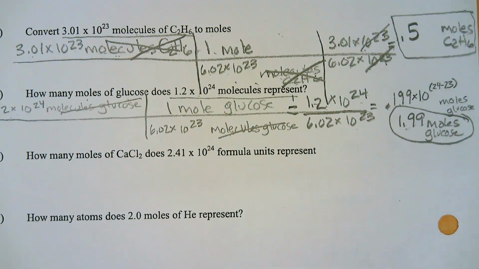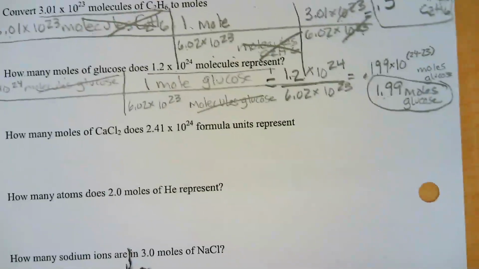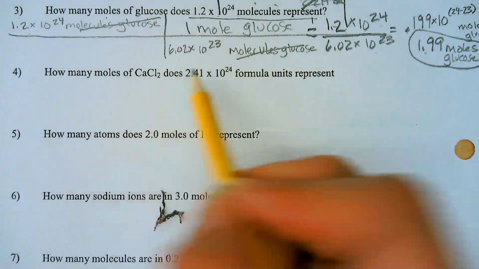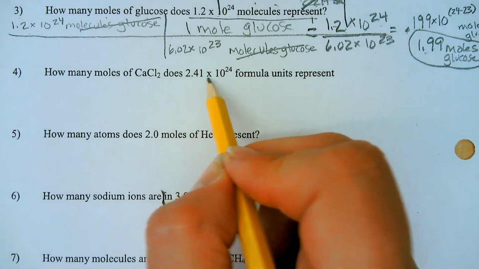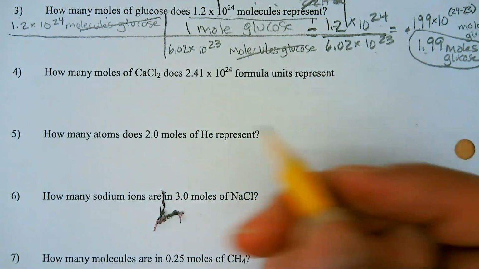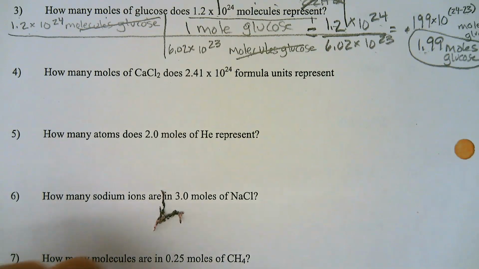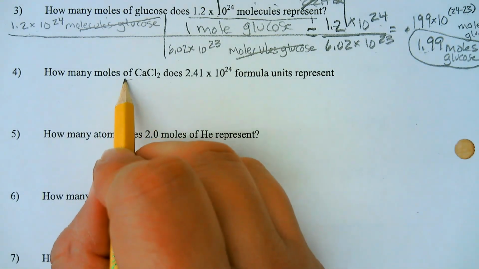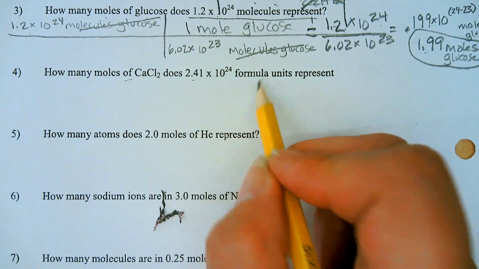Whoop. All right, next question. How many moles of calcium chloride does 2.41 times 10 to the 24th formula units represent? So we want to know moles, and we have formula units.